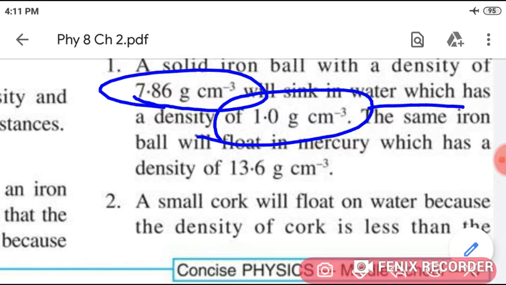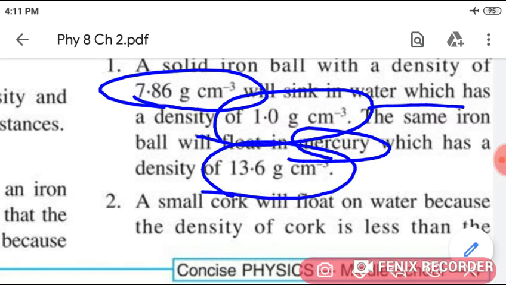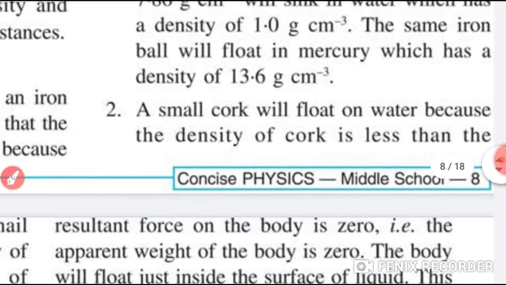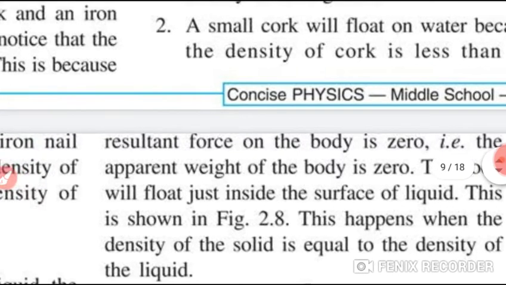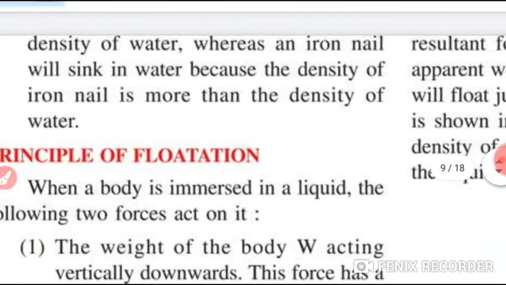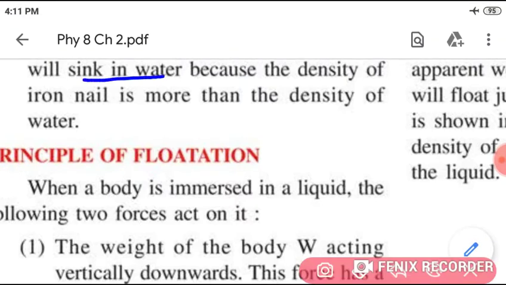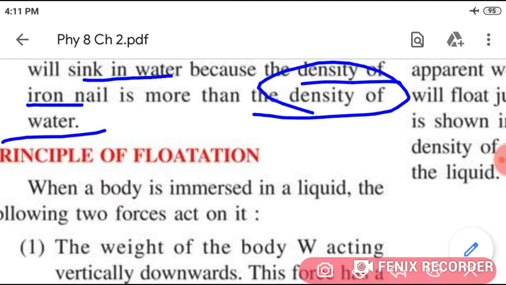The same iron ball will float in mercury, which has the density 13.6 gram per cubic centimeter. Second example, a small cork will float on water because the density of cork is less than the density of water. Whereas the iron nail will sink in water because the density of iron is more than the density of water.